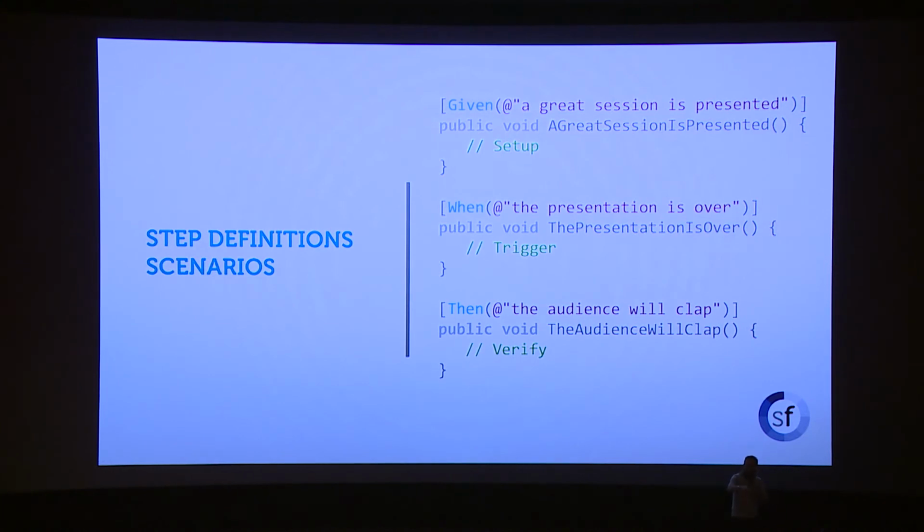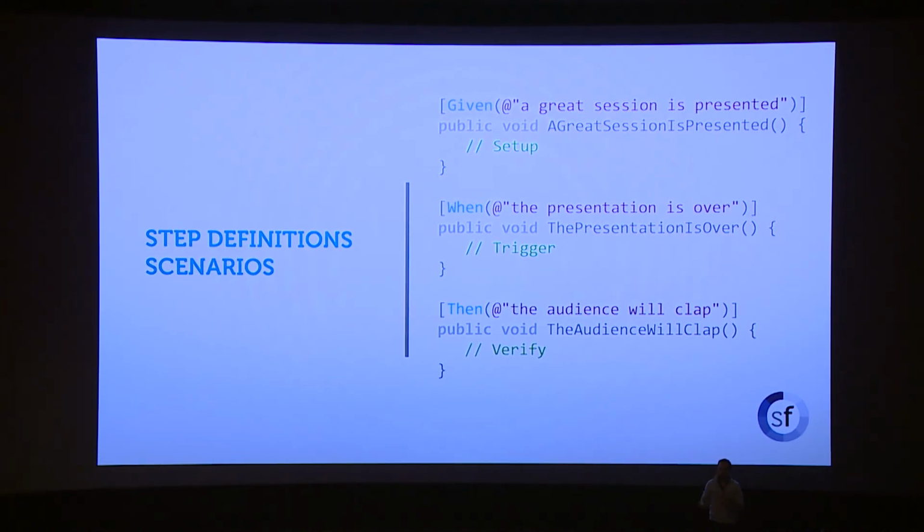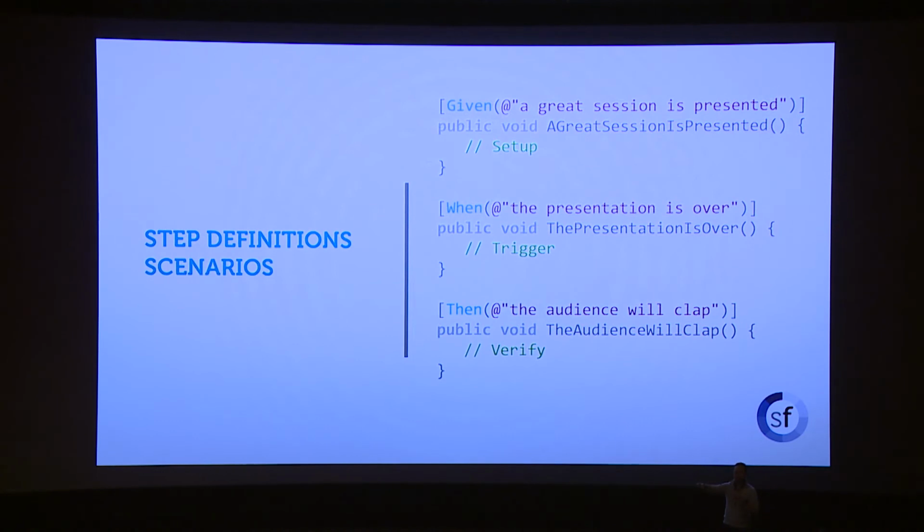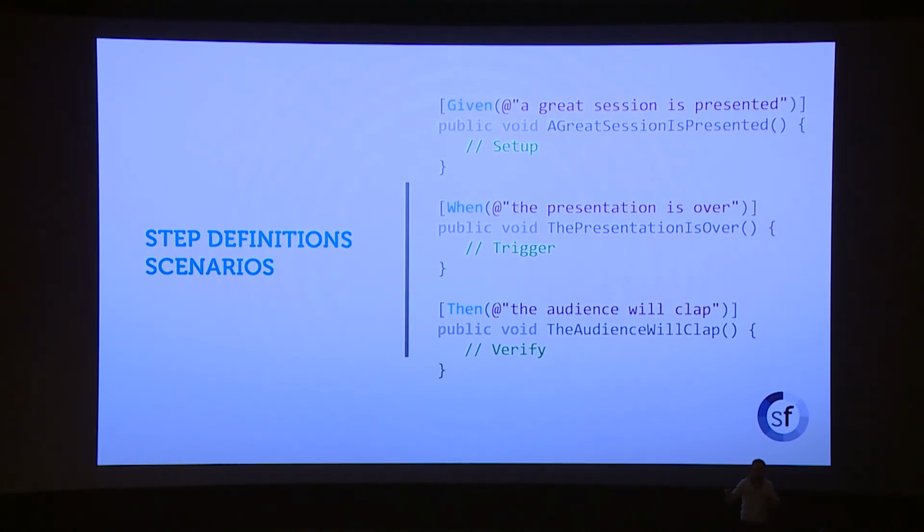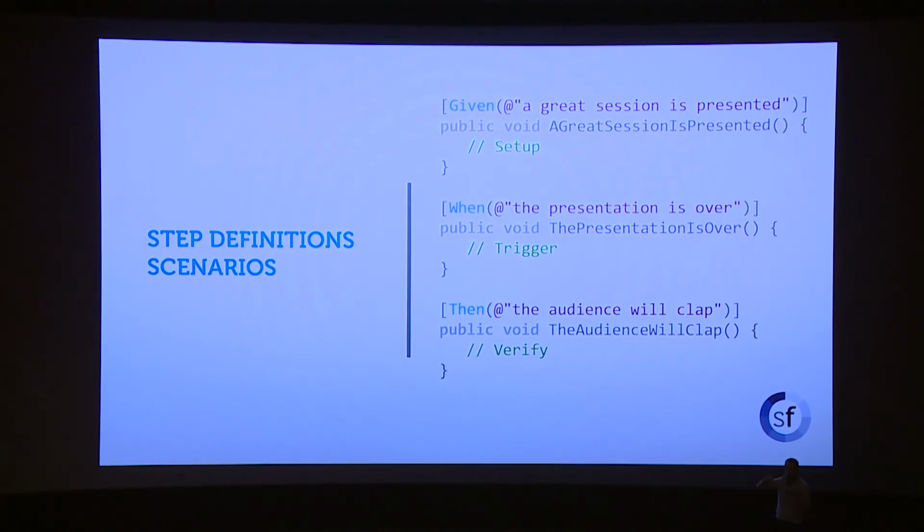So when we have the input file from the Gherkin, we can use that as developers as input for our UI testing as well. We have some step definition scenarios, and a step definition is the first translation of your given, when and then steps, and it will be injected into your C# code. So what you see over here is an attribute above a couple of methods with a certain regular expression, and this is the SpecFlow part of everything.